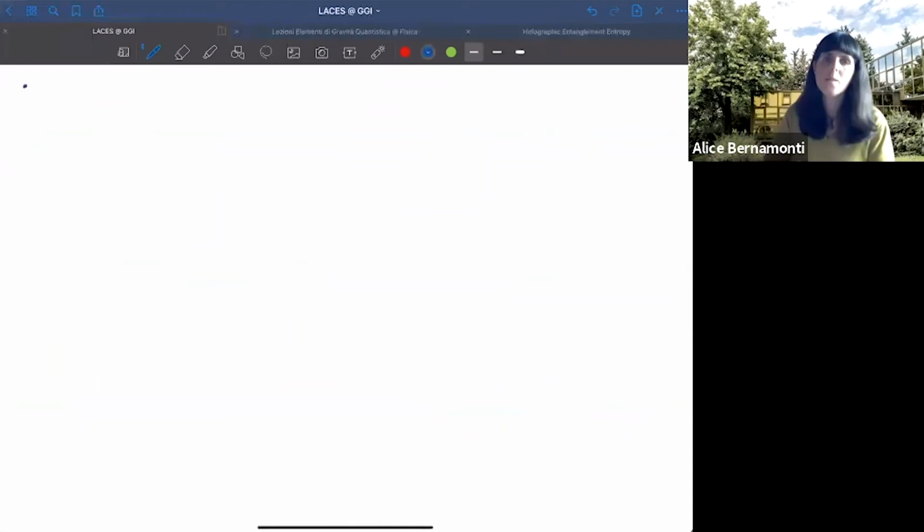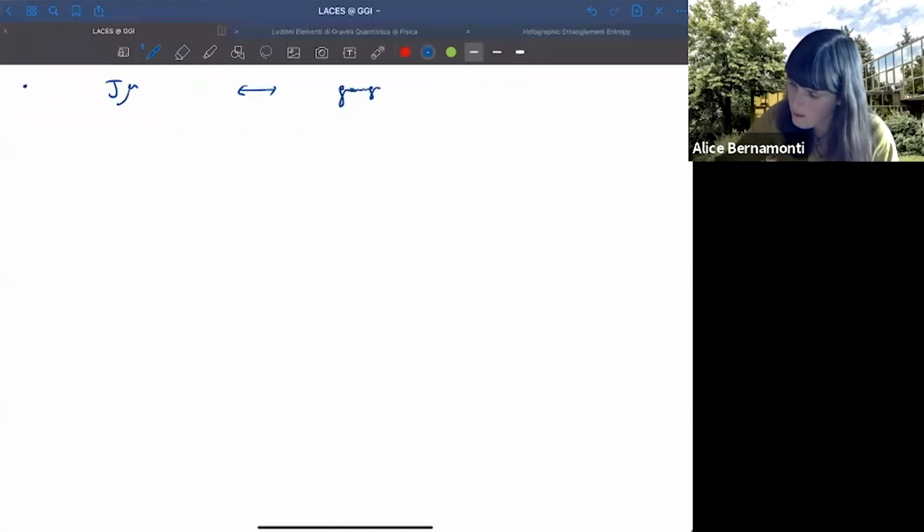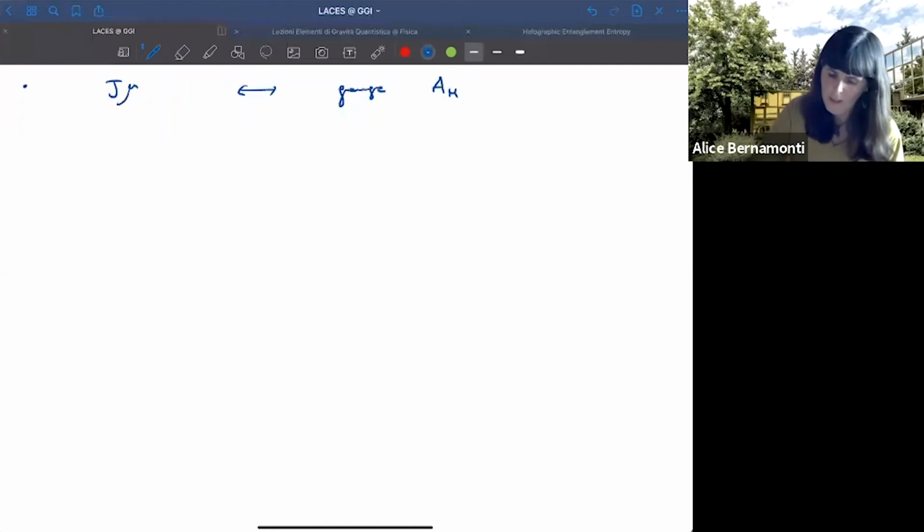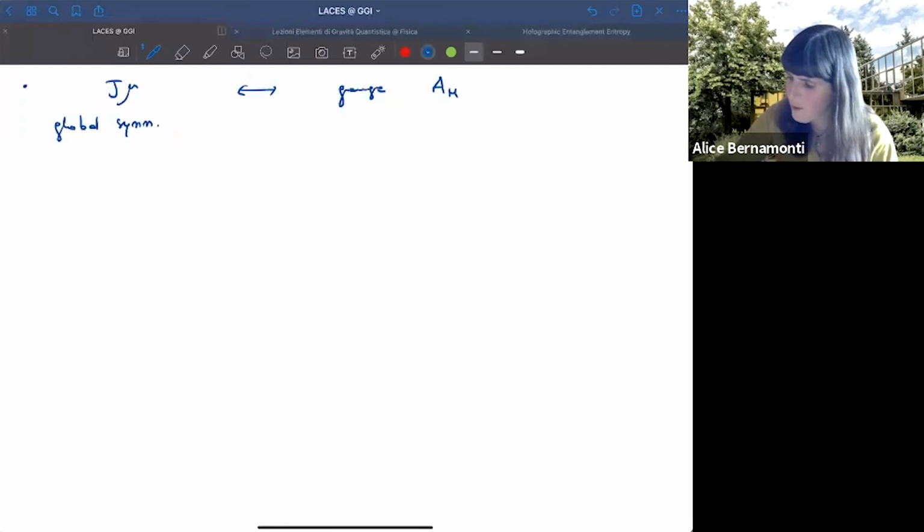So similarly, we can expect, and there are similar arguments to see, that a conserved current on the boundary, J mu, corresponds to a bulk gauge field A_M. In particular, as we saw, this global symmetry corresponds to a gauge symmetry in the bulk.